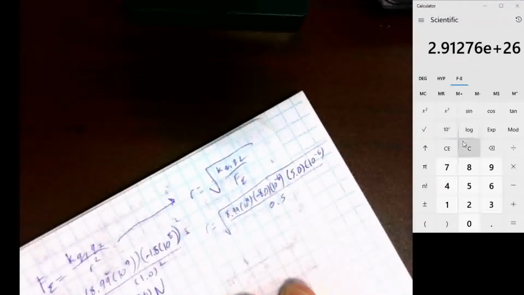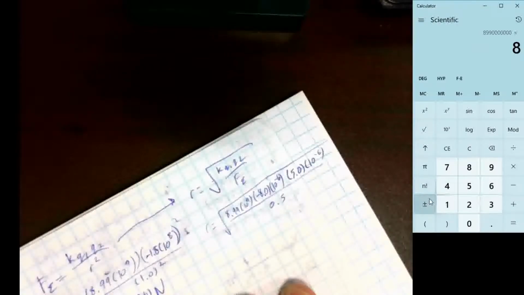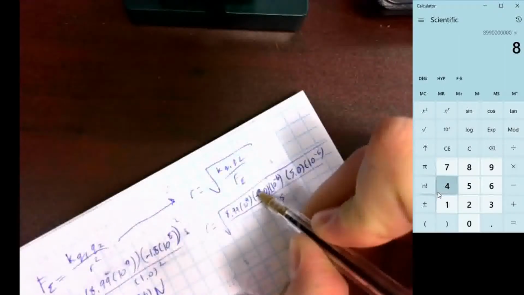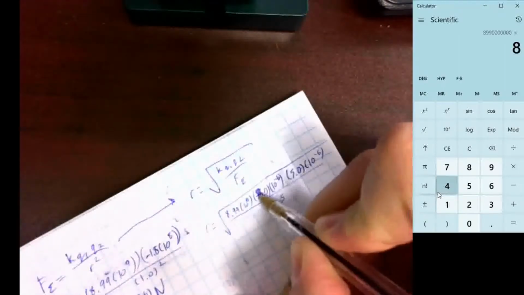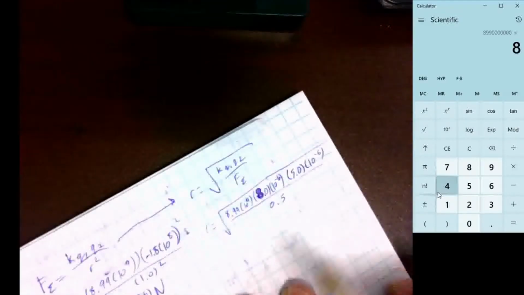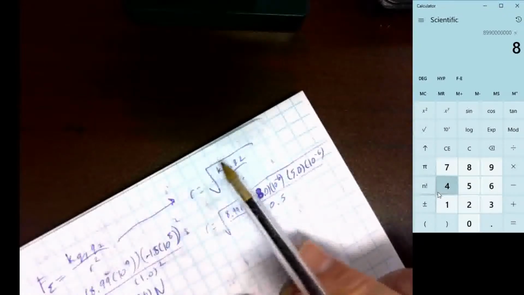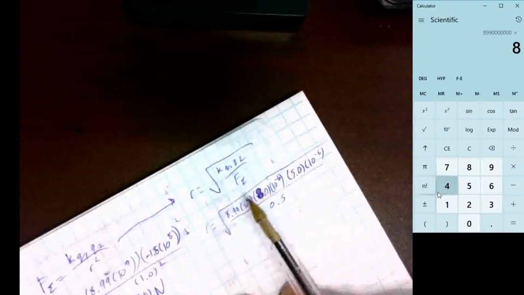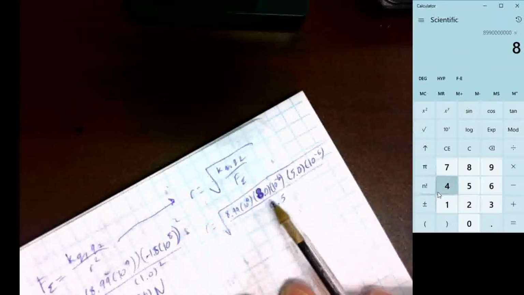So when I calculate this, I have K times 8. That's negative. Actually, I should say, we don't write this down as negative. I'm sorry, I just remembered. The reason is that when we're putting our Q values in here, if we put it as a negative, this square root will not work.